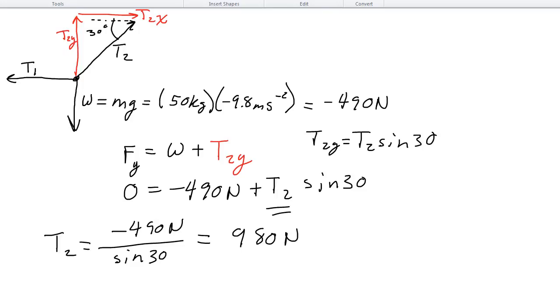And so I know that because T1 points in the x direction, the component of T2 that points in the x direction must be equal in magnitude to the force of T1. So what does that look like?